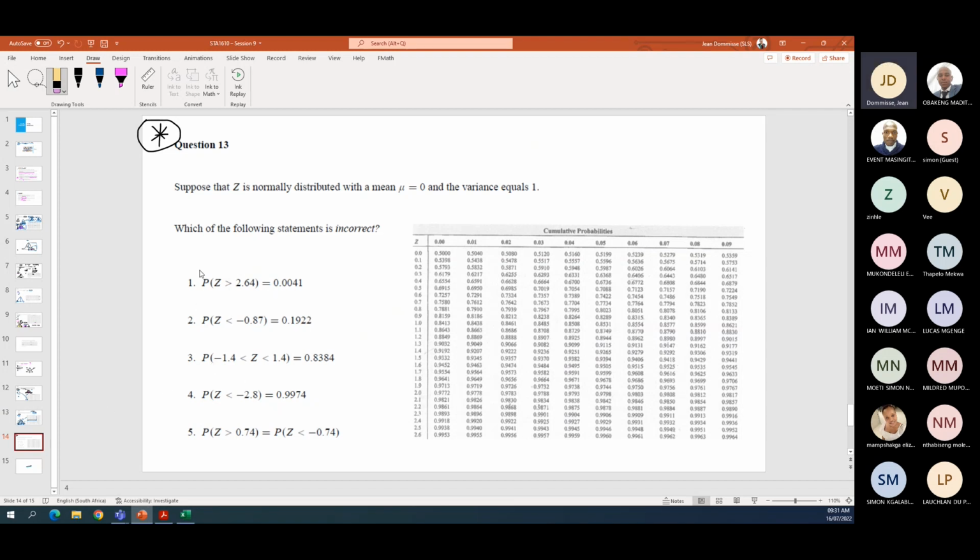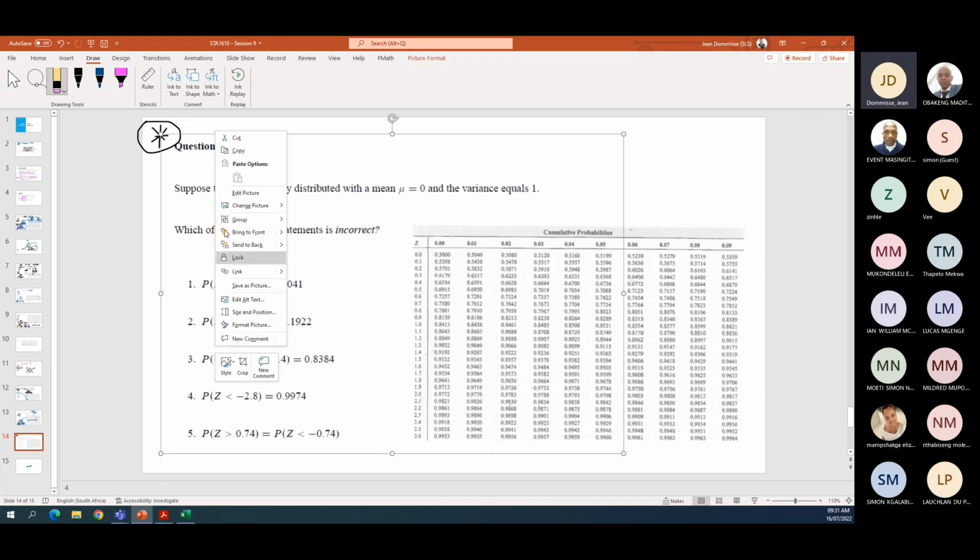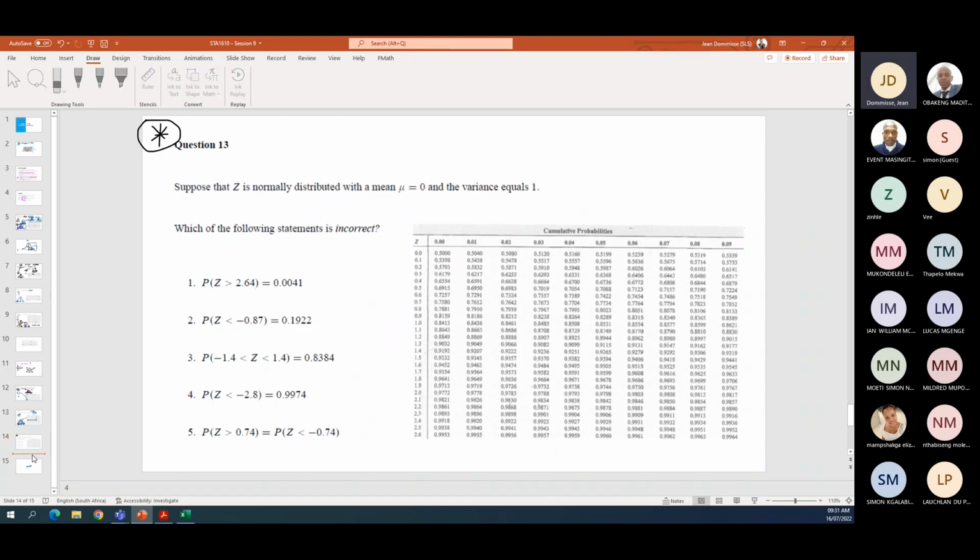Okay, so let's look at the last one. Here we will look at, what is it, five ways to look at it. So I just want to duplicate this.